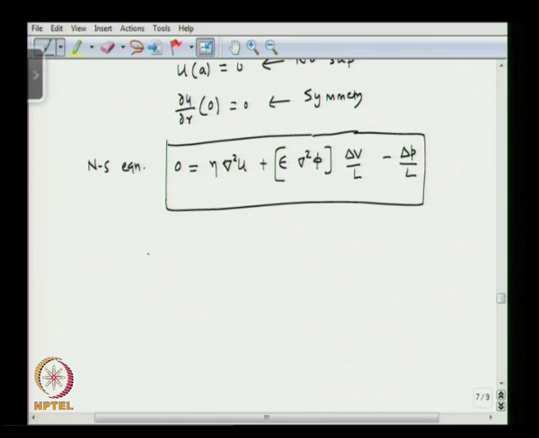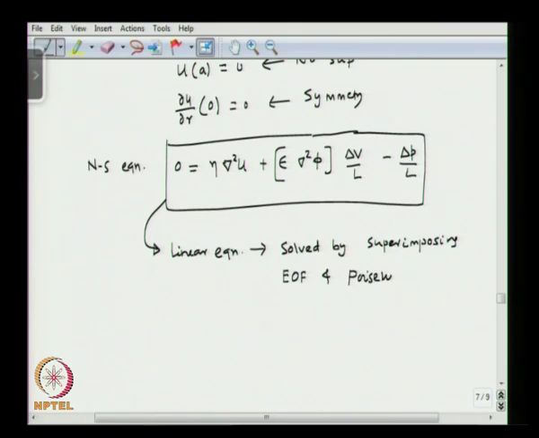So, we can say this is a linear equation, so we can solve by superimposing the electroosmotic flow and the Poiseuille flow, okay.